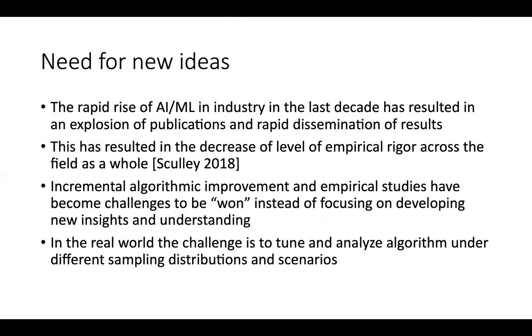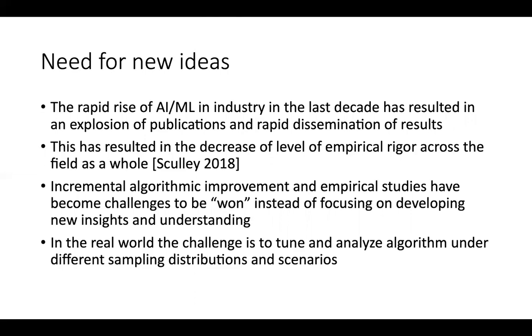In general, there is a call in the community, especially from more well-established researchers, regarding the need for new ideas. This is not to deny that tremendous progress has been made over the last decade or so in terms of just the number of publications and the number of people who are working in this area. But that said, researchers have also noticed what is being touted as a decrease in the level of empirical rigor.